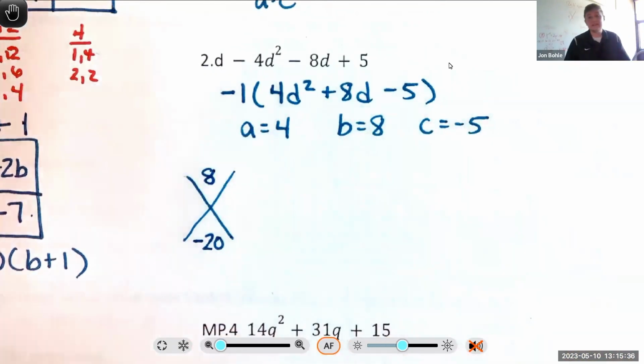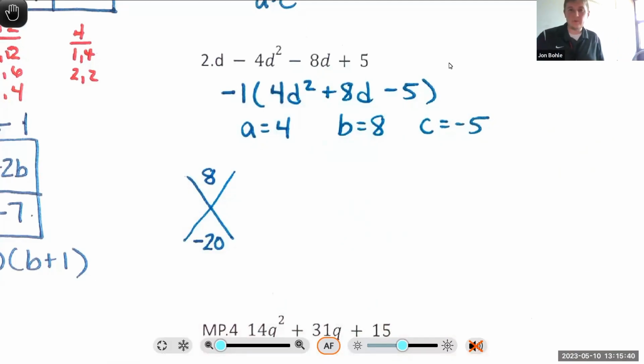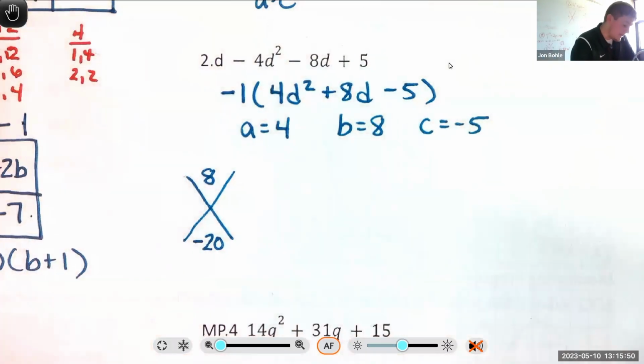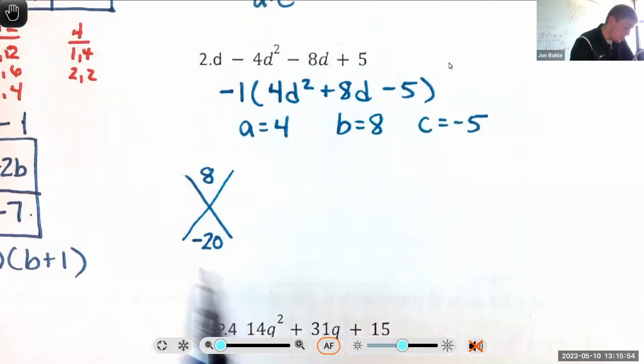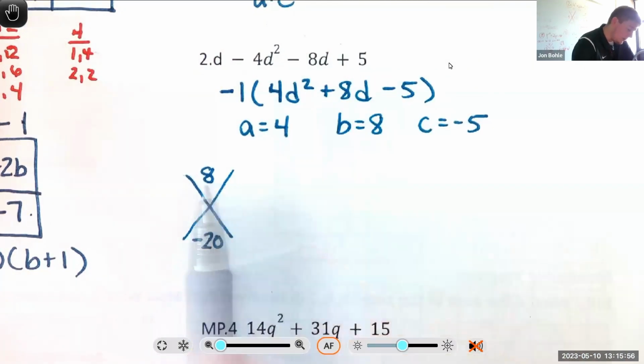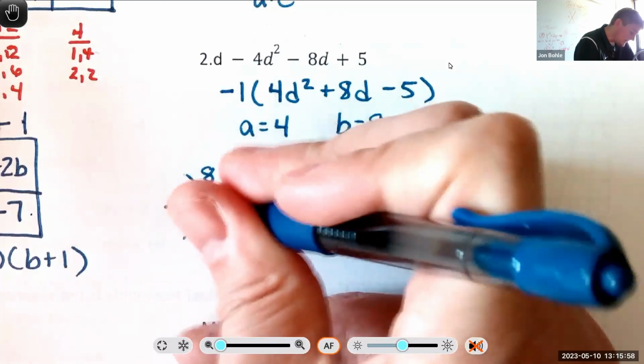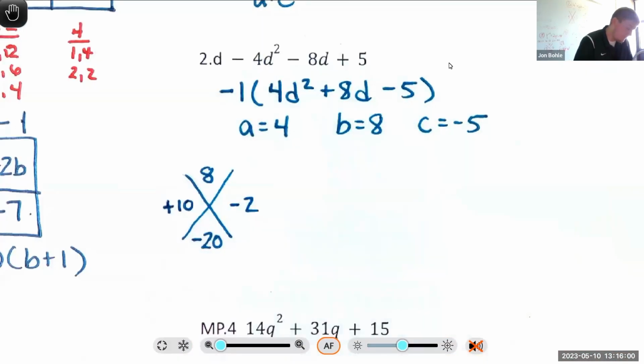It's not that you can't deal with it when the A value is negative, it's just easier when it's positive. Dividing out a -1, what I just showed you, will always allow you to keep your A value positive. So A times C, 4 times -5 is -20, and B value is 8. Numbers that multiply to -20 and add to 8 are going to be +10 and -2.